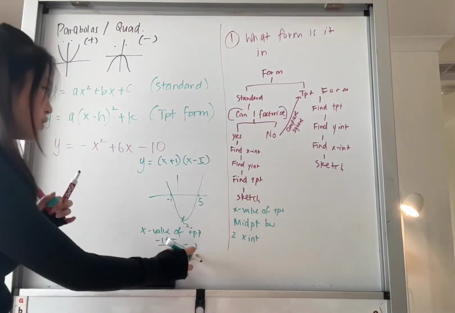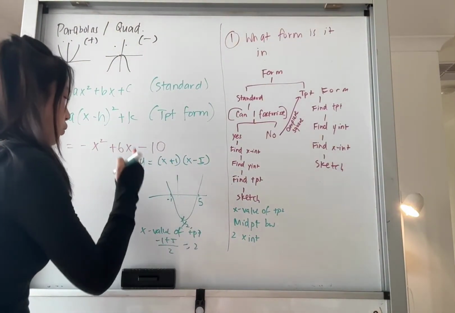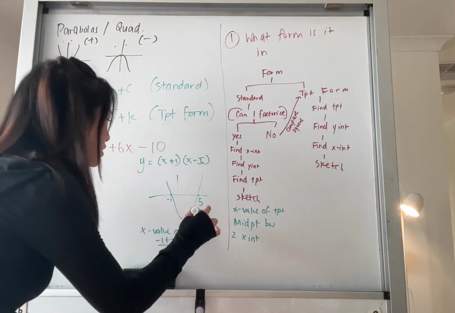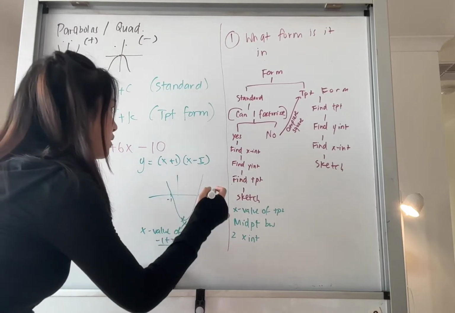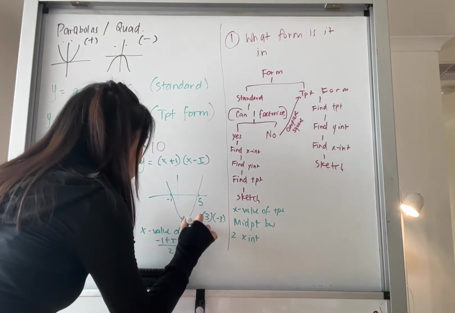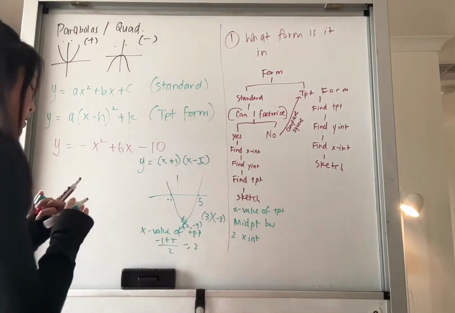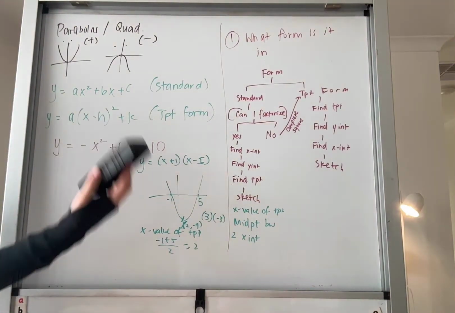Then all you have to do is sub it back into this equation, and you should get your y value, or your height will be 2 plus 1 is 3 times 2 minus 5 is -3. So it's 2, -9. Okay? Does that make sense? So this is just an aside. This is how you find the turning point value.